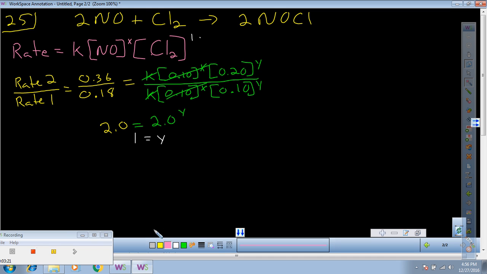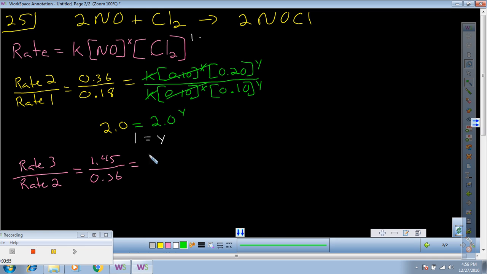Let's see, if I have rate 3 and rate 2, let's do a ratio for those. From rate 3 to rate 2, my NO doubles, but my Cl stays the same. My rate for the third experiment is 1.45, and my rate for the second is 0.36.